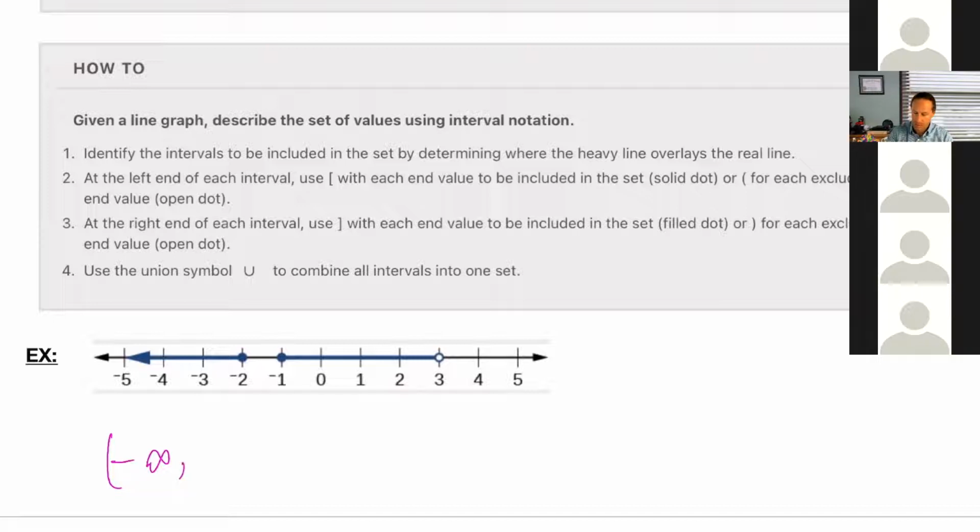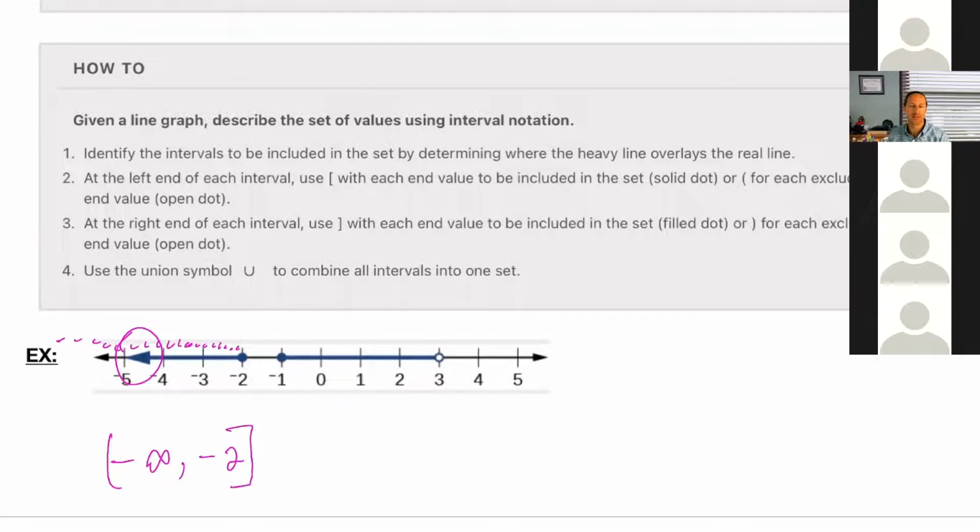We're going to put a comma to represent everything else, but then I have to go all the way till what value? -2. Very good. All of these are accounted for. Is -2 included? Yes, it is. So we're going to give it a nice big hug and include it as well.